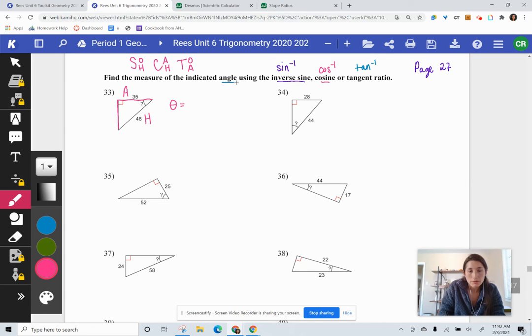So I can say it's the inverse cosine of these two sides divided by each other. Remember, it's adjacent over hypotenuse. So 35 over 48. Now that inverse ratio is going to tell us our angle instead of giving us a ratio, which is what we were doing previously. So theta is approximately inverse cosine of 35 divided by 48.